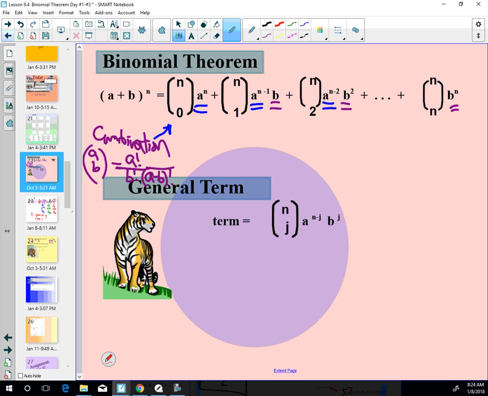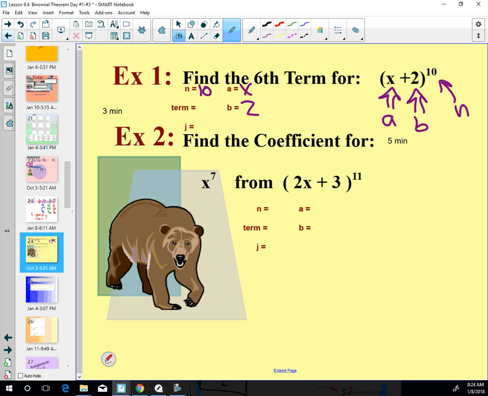So in the example, the sixth term, what will the k value be? If the term is 6, the power of y, k, is going to be 5. It's the only tricky part. Now all we do is use the formula: n choose k, a to the n minus k, b to the k.